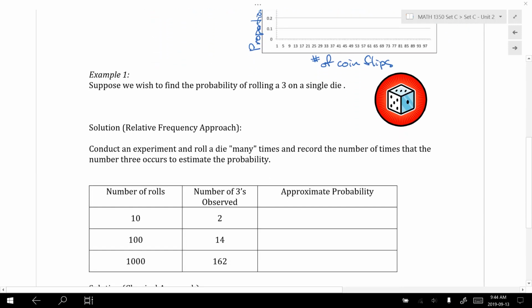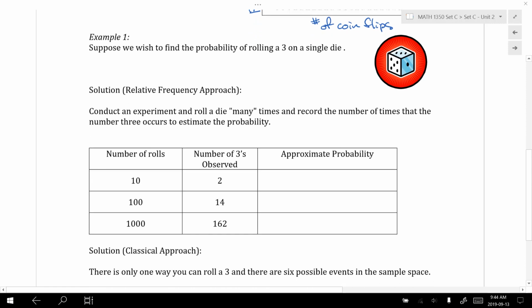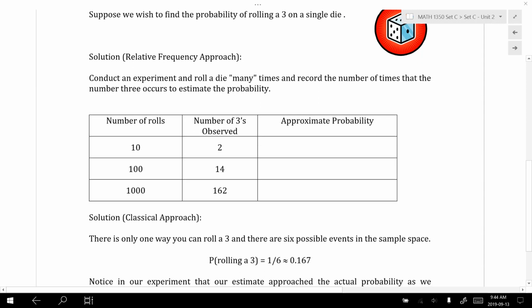Okay, so we can think about another example to demonstrate this. You may wish to find the probability of rolling a 3 on a single die. One could take the relative frequency approach here: roll a die many times and record the number that we get. Maybe you roll 10 times and you get 2 3s. We're looking at about 20% here.